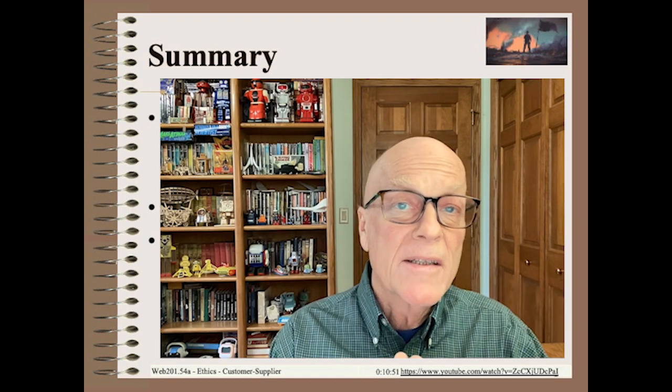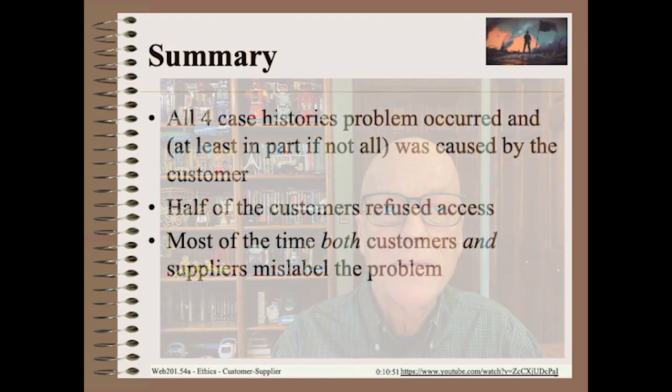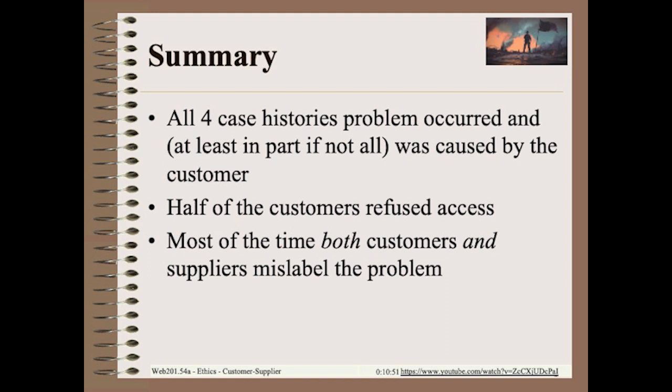Let's summarize the patterns that we've observed in the last four case histories. All occurred at the customer, and the customer was at least partially, if not wholly, at fault. Half of the customers refused access to let their suppliers see the problem firsthand. In my mind, that's totally acceptable for customers to refuse access.